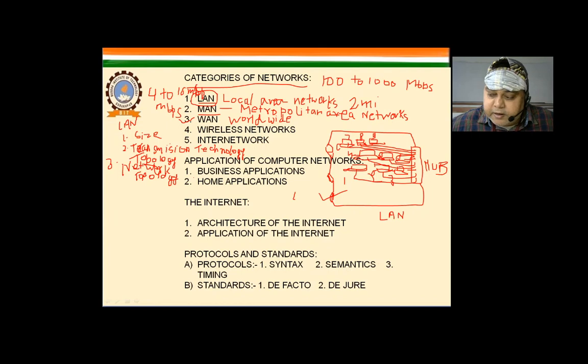It might cover a group of nearby corporate offices or a city, and might be either private or public. The main reason for distinguishing MANs as a special category is that a standard has been adopted for them, and it is called DQDB, distributed queue dual bus.